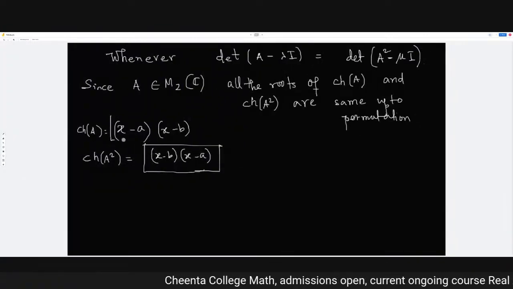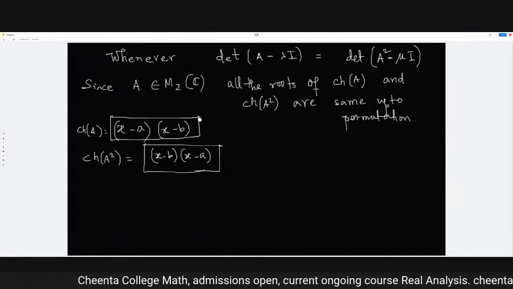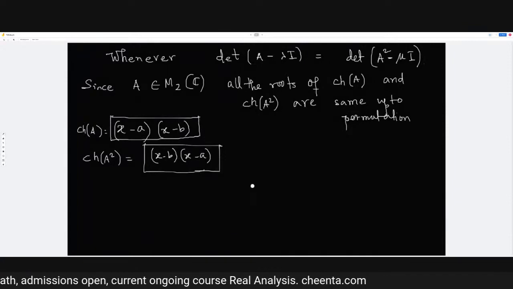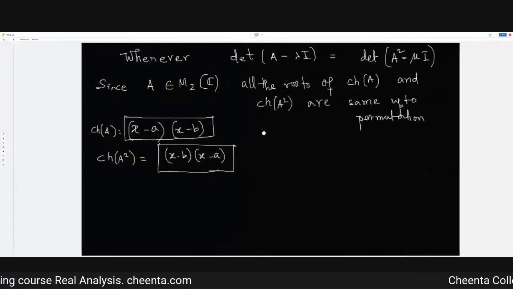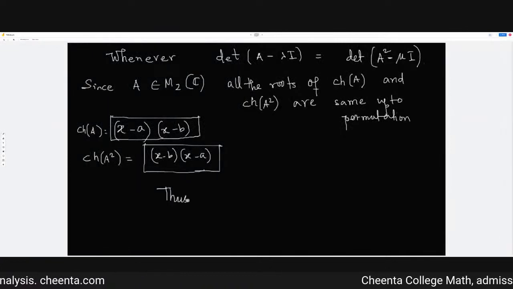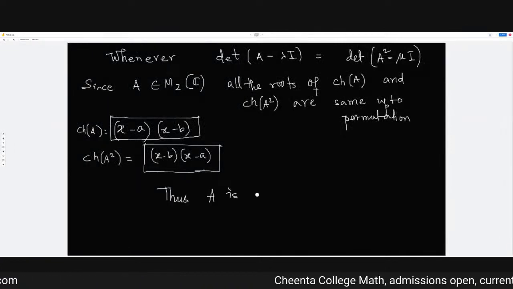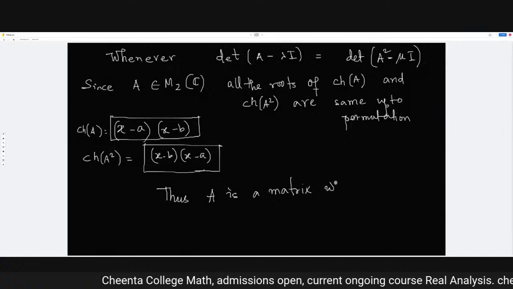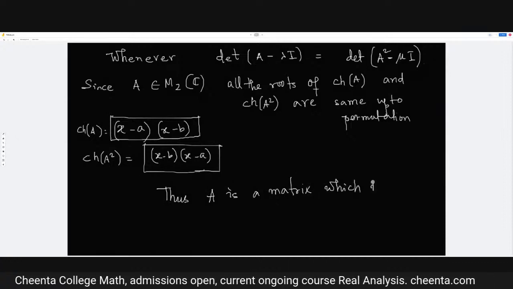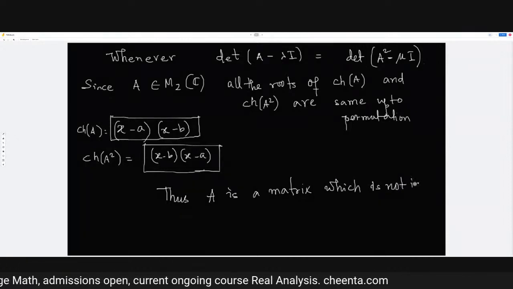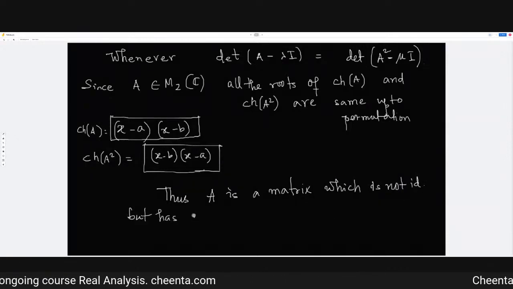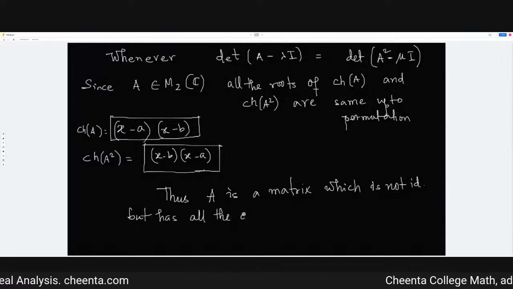Since it's all commutative, we don't have to worry about it. Thus you get a matrix A which is not identity but has all the other properties.